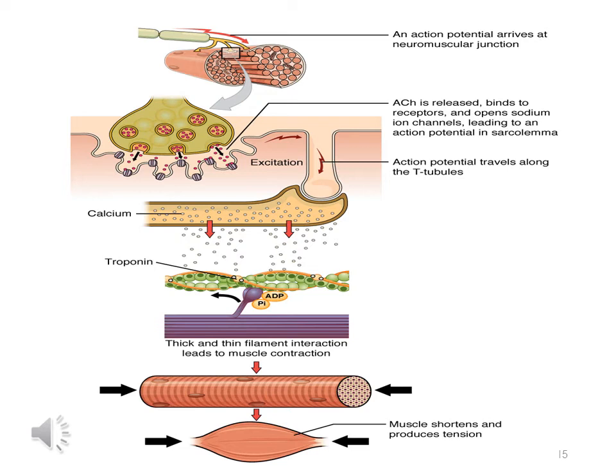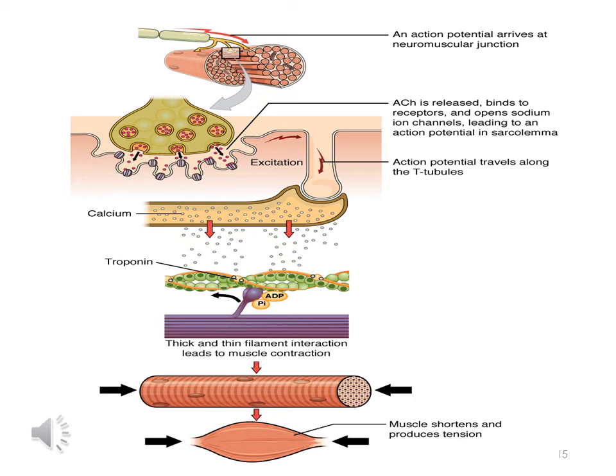Now, this cross bridge is really important. It's going to happen all along; remember there are 300 myosin molecules, so this is going to happen all the way along this actin. When the pulling part takes place, this is called a power stroke. And this is when the myosin head is pivoting to cause the actin to move.